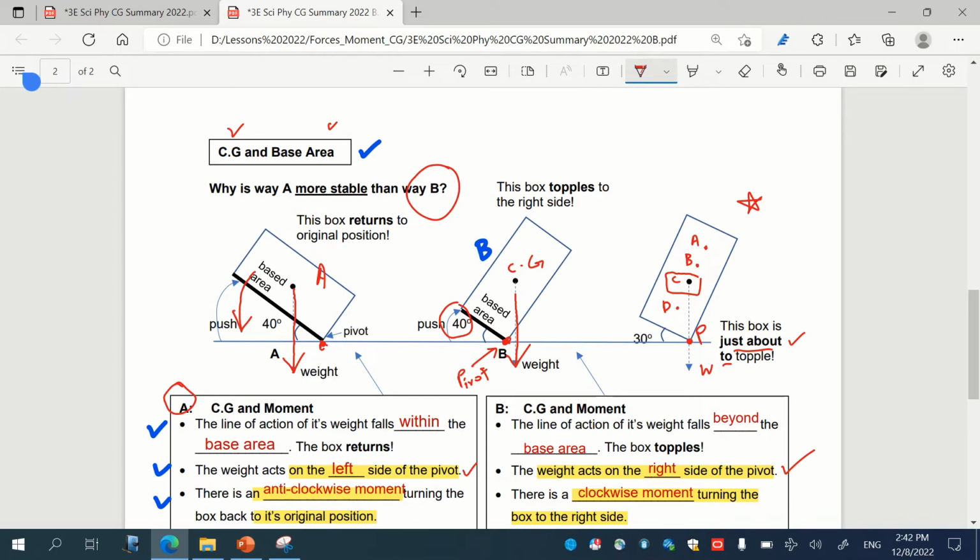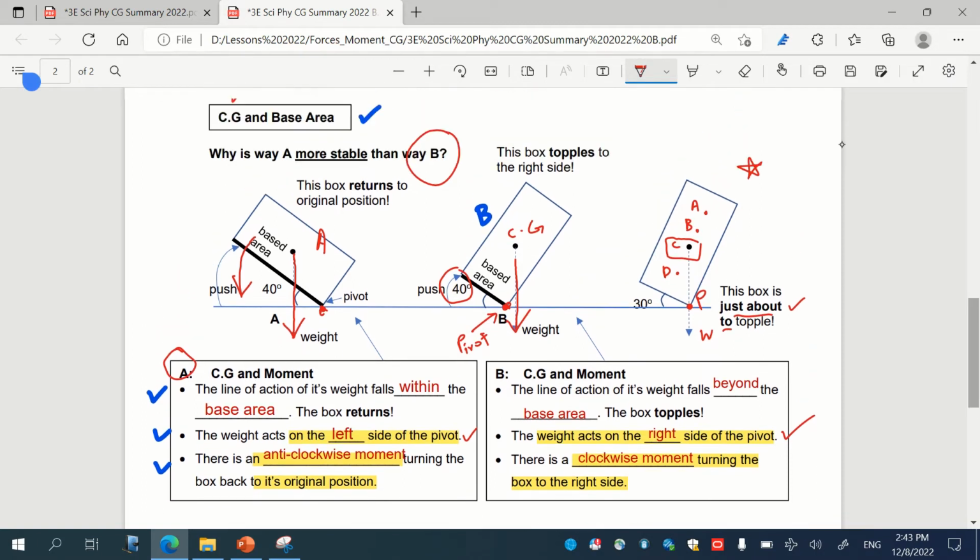That's why when you build something, let's say a bookshelf, or you want to design a wine glass or a standing fan, you want to make sure that the base is heavy as well as broad, a big and broad base area.